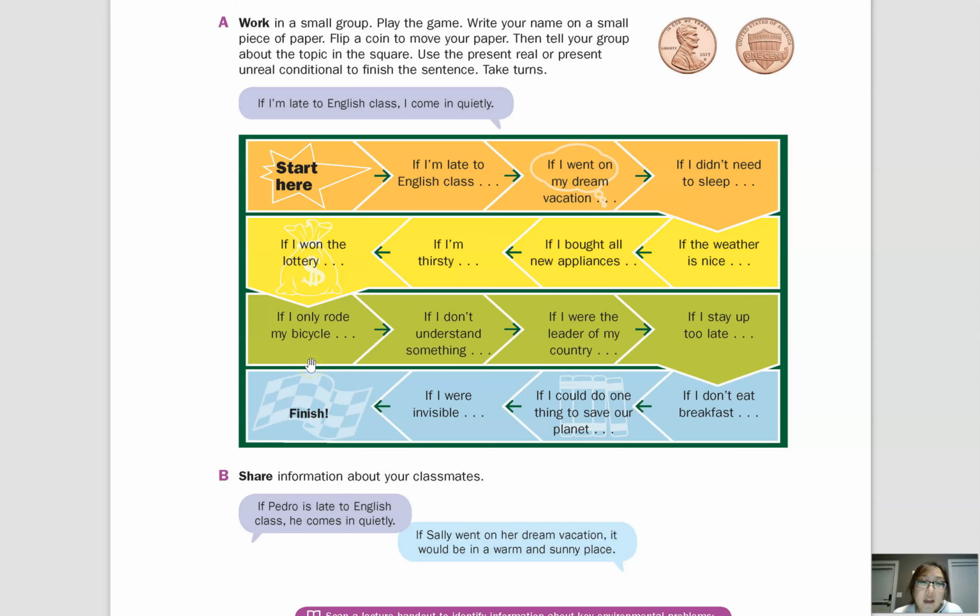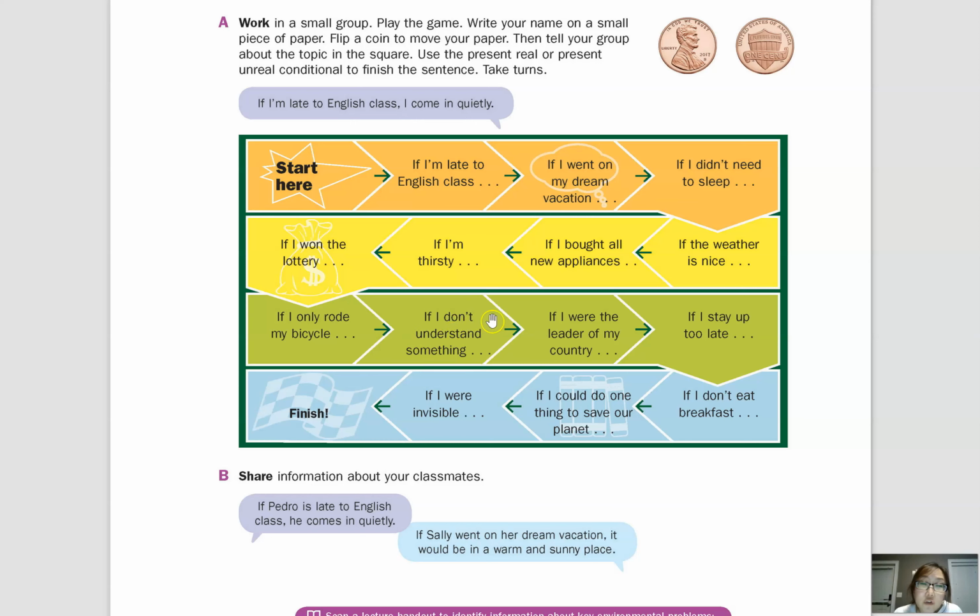But for many of us, it's not possible because we live in the suburbs and we need to have a car. So we can say, what would you do if you only rode your bicycle? You could say, oh, if I only rode my bicycle, I would be 10 pounds lighter.